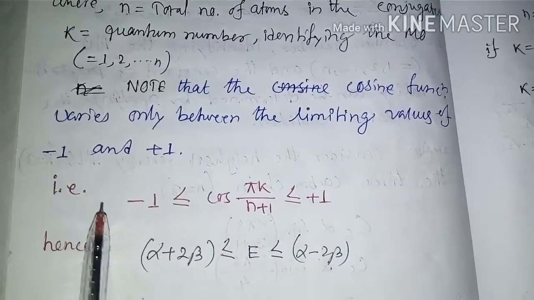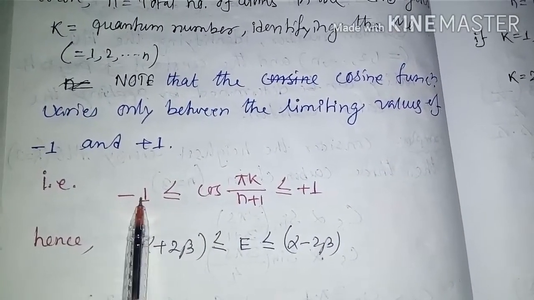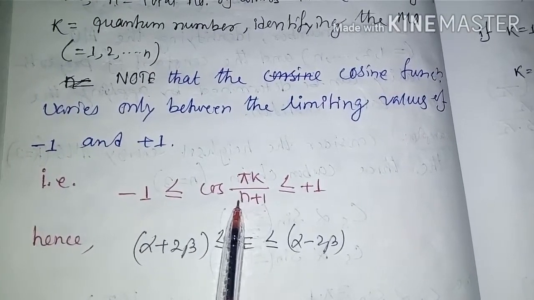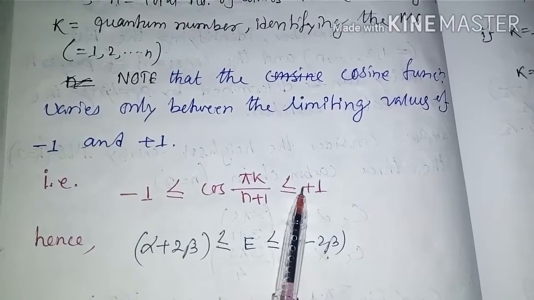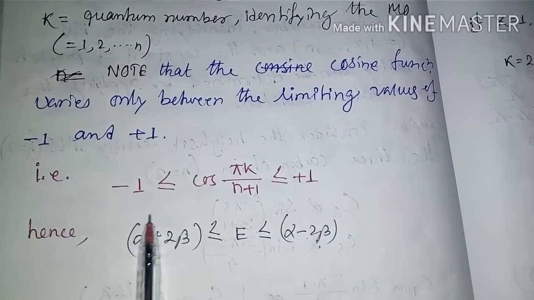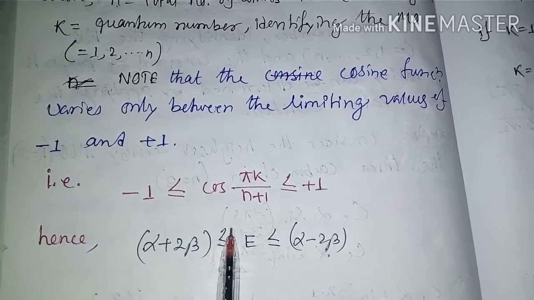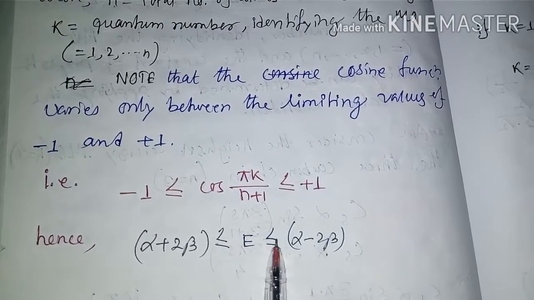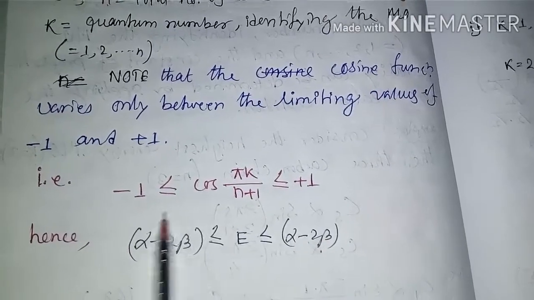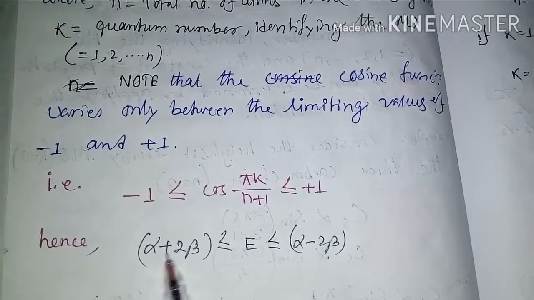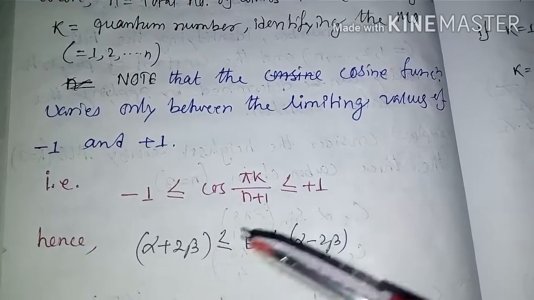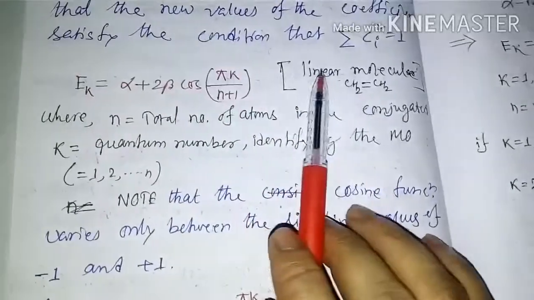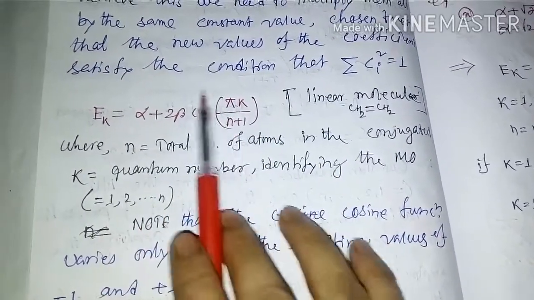So -1 less than or equal to cos pi k divided by n plus 1 less than or equal to +1. Hence alpha plus 2 beta, this is energy: alpha plus 2 beta less than or equal to E less than or equal to alpha minus 2 beta. How did this come here? I'll discuss this later. So this is the formula for linear molecular compounds.